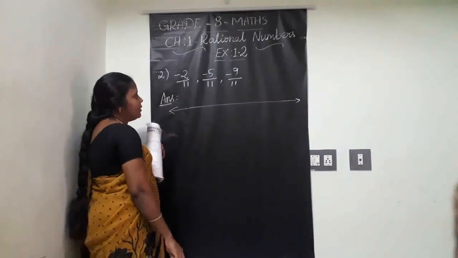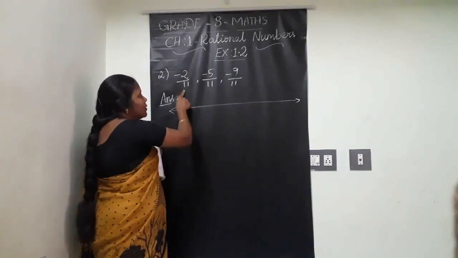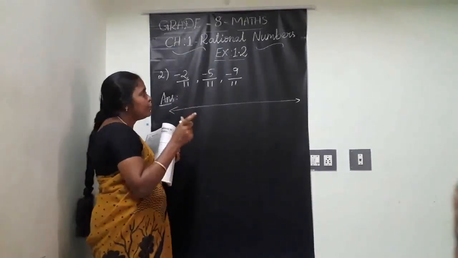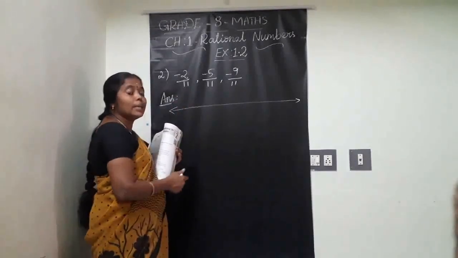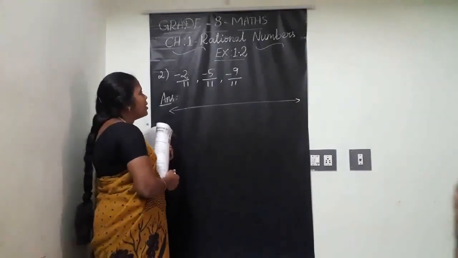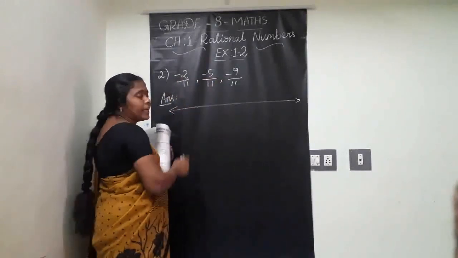Clear? Line drawn. If you watch the denominators of the rationals, what is given? Number 11. What is the meaning here? We have to cut the interval into 11 pieces. How many pieces? 11 pieces. And also if you check the signs, what is there? Negative.